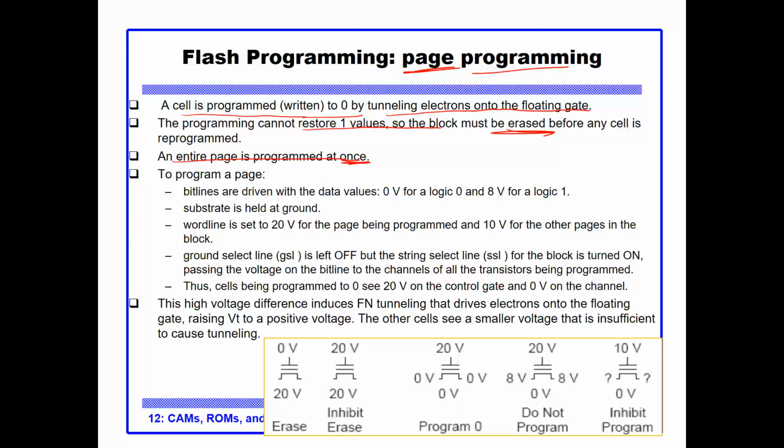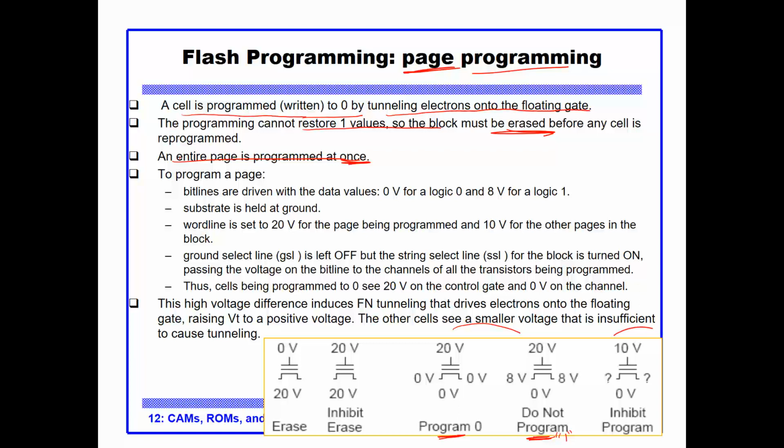You cannot reprogram it. Now, to program a page, we have the following operations: you program or you inhibit program. For a certain page, the individual bits of the page can be programmed to zero or not programmed, meaning they stay at the saved value of 1. Programming a 0 means writing a 0. Not programming means leaving the 1 as is, storing a 1.